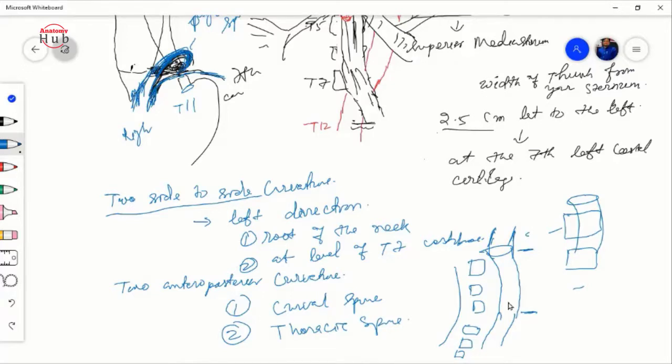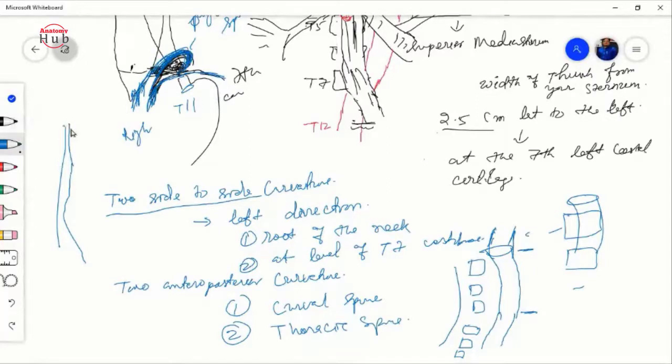Yes, sir. Okay. So we got the deviations, we got the curvatures. That means the whole esophagus will either remain at the midline or may deviate somewhat to the left, then to the left and forward. Not the other way, right? So the esophagus does not go towards the right side.